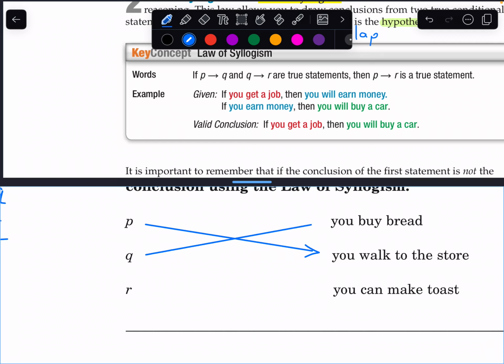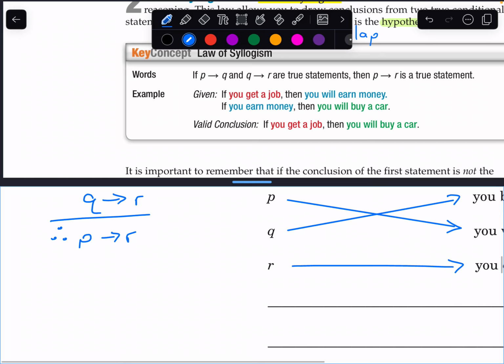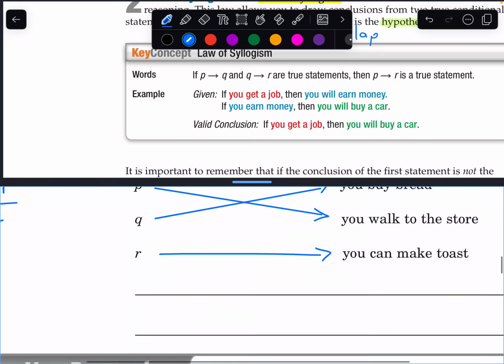That implies that you buy bread. So if you walk to the store, then you buy bread. And Q implies R, if you buy bread, then you can make toast. So we can put those together to get our final conclusion. If P then R.